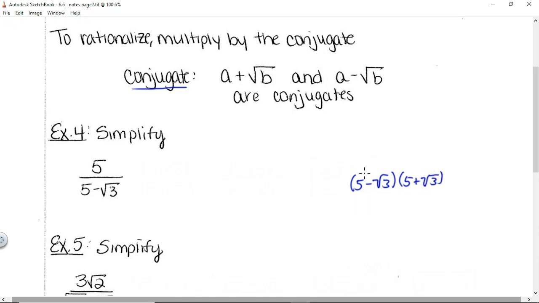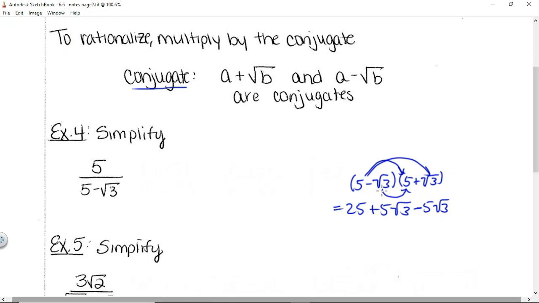So we distribute twice. We take 5 times 5. Okay, that's 25. We take the 5 times the square root of 3. That's positive 5 times the square root of 3. Then we take this one, negative square root of 3 times 5. Okay, that's negative 5 times the square root of 3.